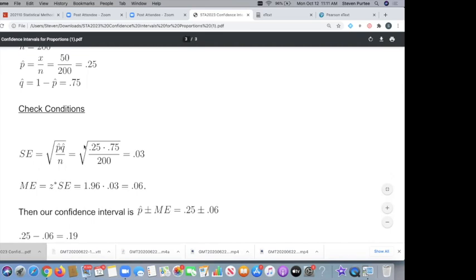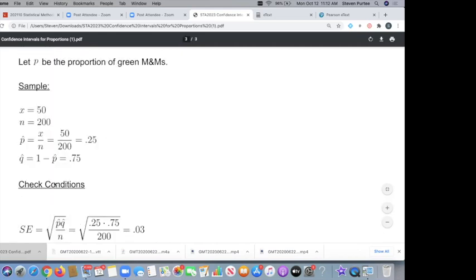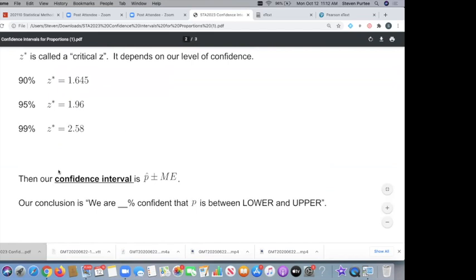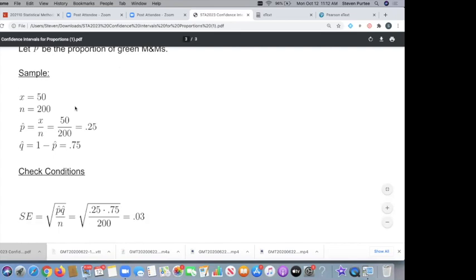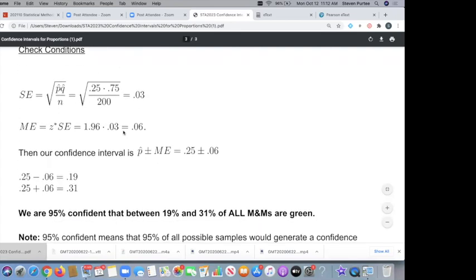So our margin of error is Z star times the standard error. I have to look in that table here and find the right Z star. I recommend writing these three down. If I'm doing 95%, I want 1.96. So 1.96 times the standard error, we get a margin of error of 6%.